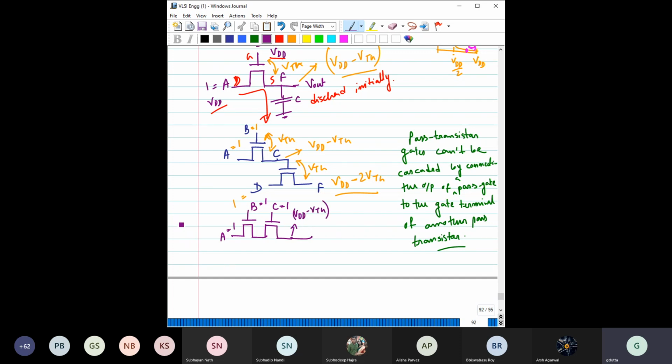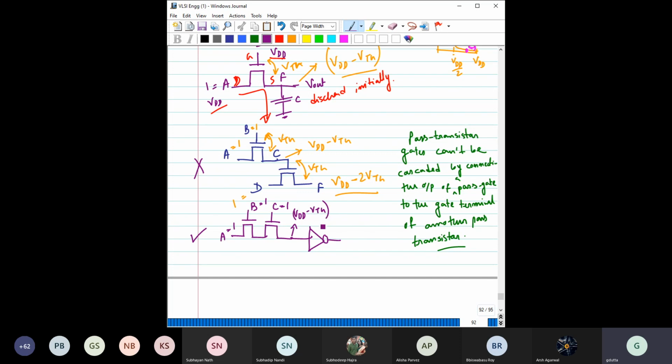So if you want to cascade, cascade like this in series, not in this fashion. This is not allowed for cascading, this you can do. And after that, it will be good to use an inverter or two inverters if you want the same polarity, to restore this drop in VTH.